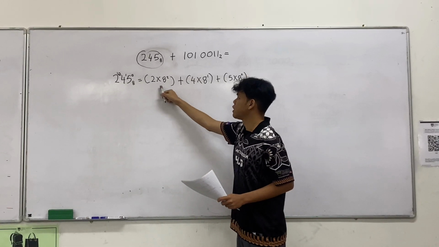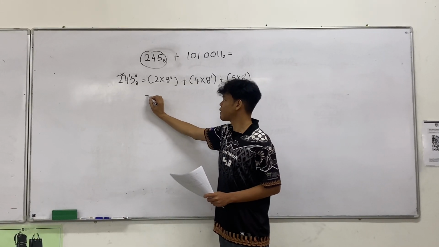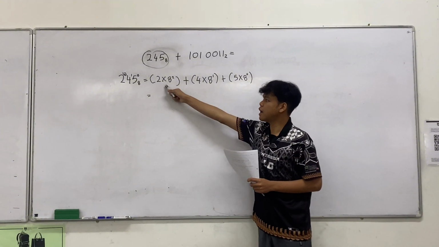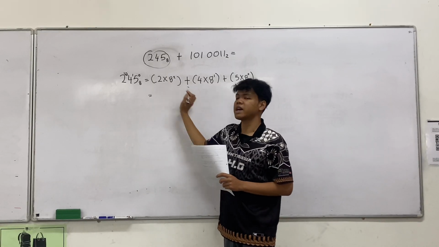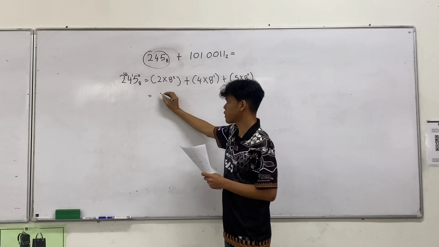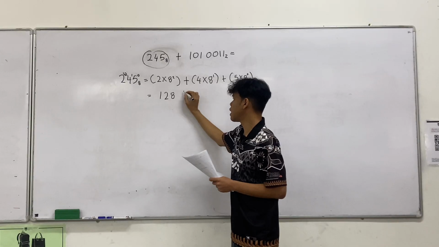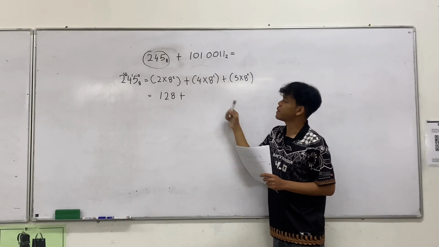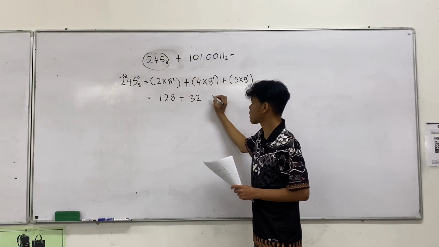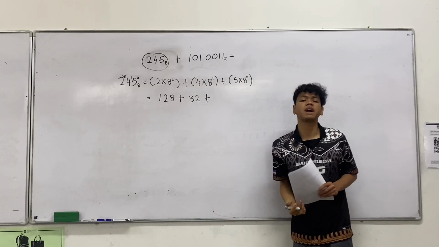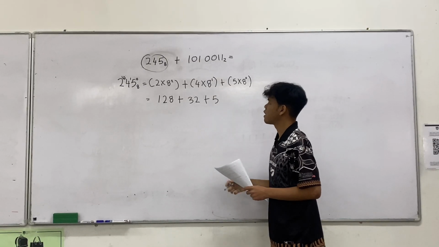After we set up this calculation, we calculate each part in the brackets to get the answer. So 2 multiplied by 8 to the power of 2, we get 128, plus 4 multiplied by 8 to the power of 1, we get 32, plus 5 multiplied by 8 to the power of 0, we get 5.